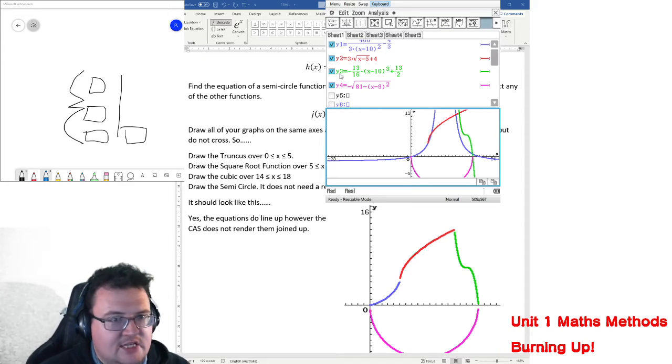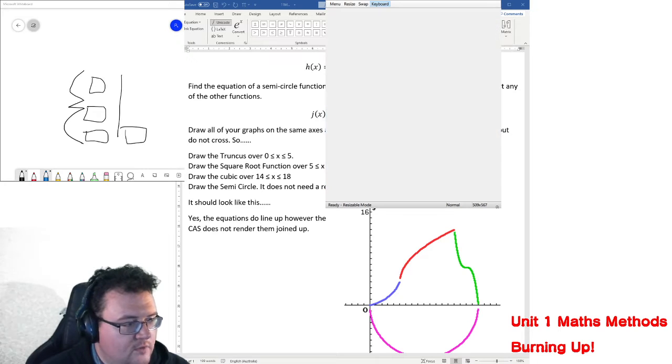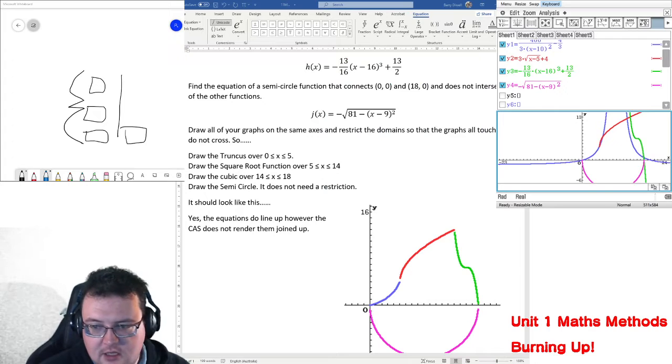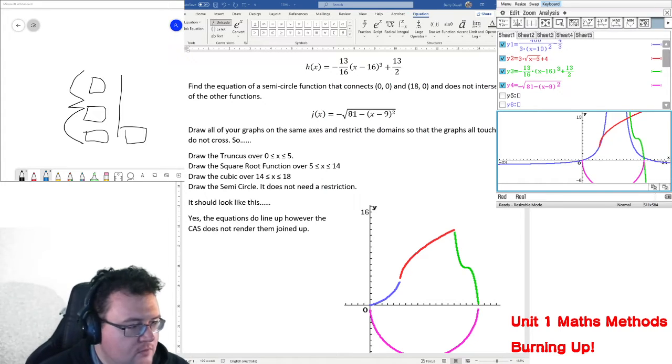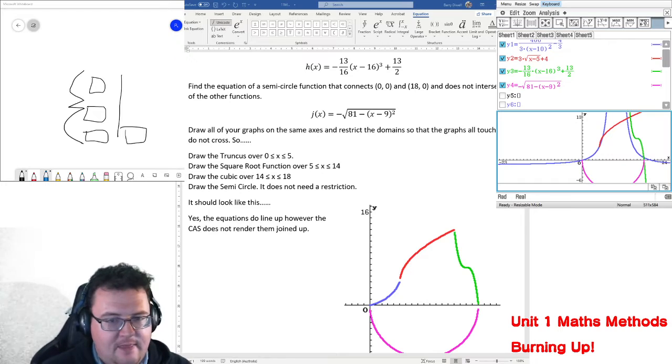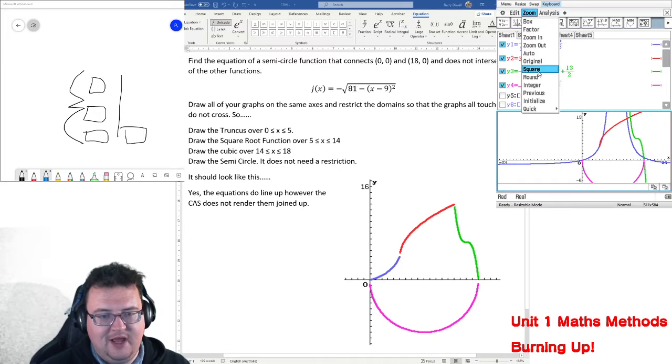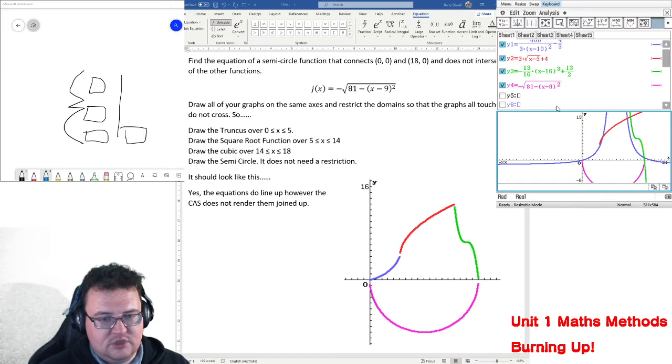So the last step that we have to do is put restrictions on these domains so that we can work with them, so that we can draw just what I need. Because I want to draw a pretty picture, which looks like a flame, and then from there, make it all line up. Now, if you are drawing this and yours doesn't look like a nice perfect semicircle, if you go zoom and square, it will square it up so that the distance between each of the values on X and the values on Y are the same.